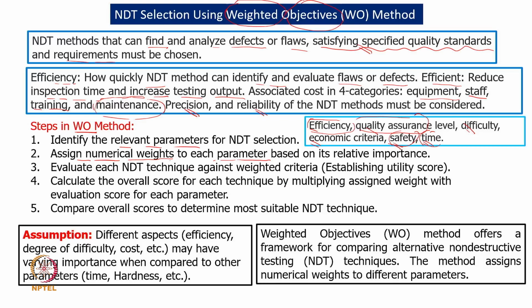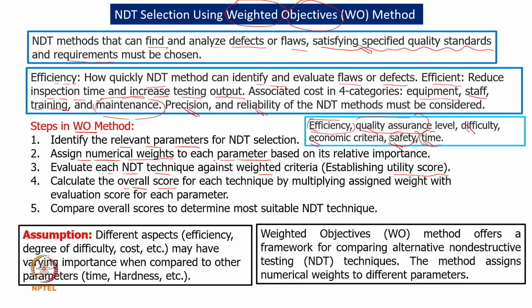Another one is that every NDT technique will have merits and demerits. Can we quantify that? Yes, we can. That is why we use the term utility score to quantify the technique, and we will explain it through one example. Then finally comes the overall score.